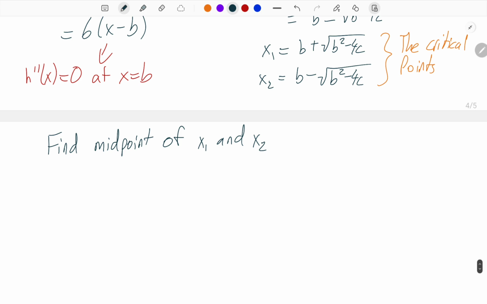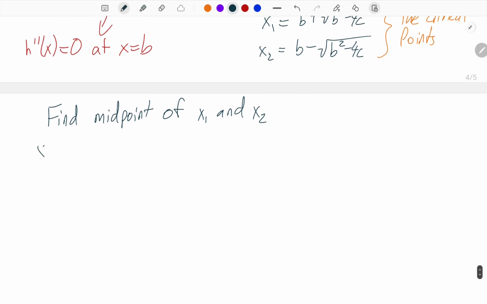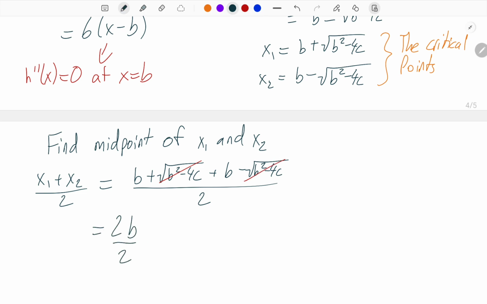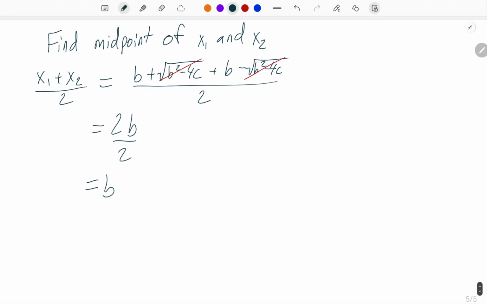Well, it's just the average of the 2 points, which will just be x1 plus x2 over 2, which in this case will be b plus the square root of b squared minus 4c, plus b minus the square root of b squared minus 4c, all of that over 2. Well, the square root parts, they nicely cancel. So you're left with 2b over 2, which, well, what do you know, equals b.